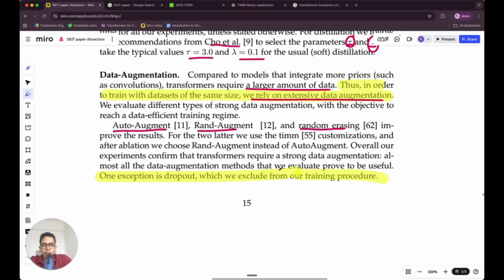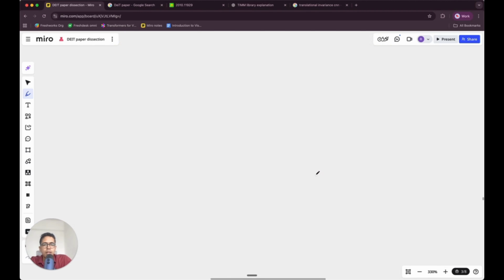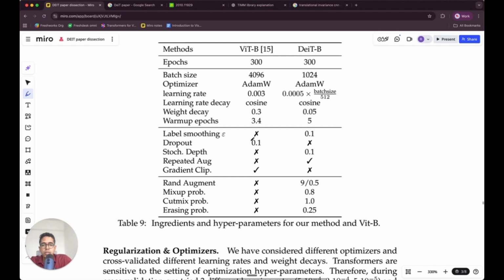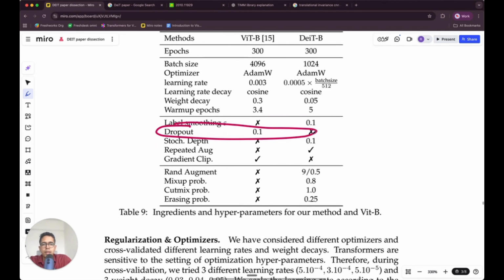Almost all data augmentation methods that we evaluate prove to be useful. One exception is dropout, which we exclude from our training procedure. So perhaps dropout was not useful for them. Here you can see that in Vision Transformer, they had a dropout of 0.1, but here they did not have a dropout. So that is a difference.